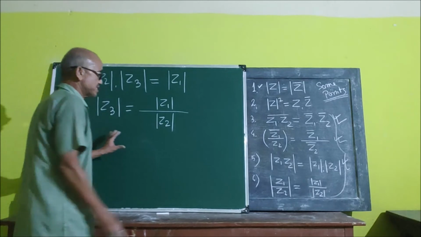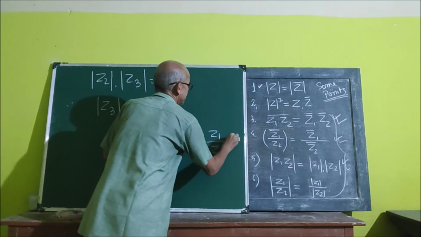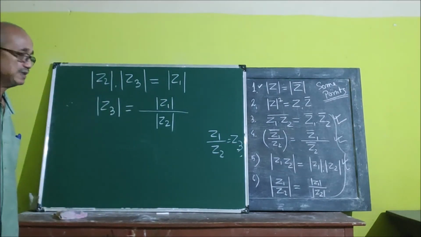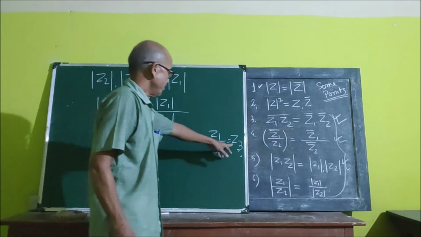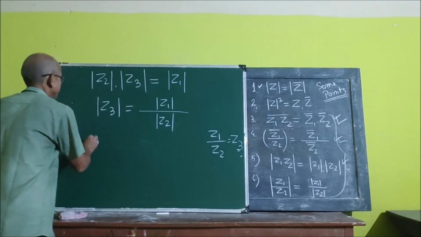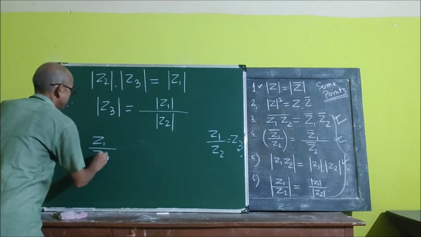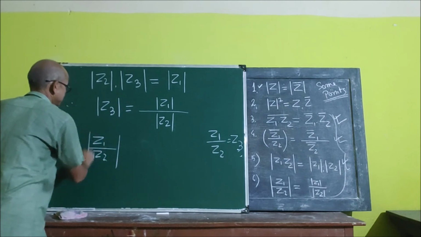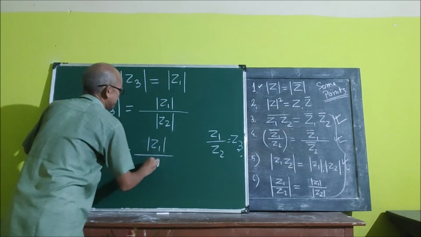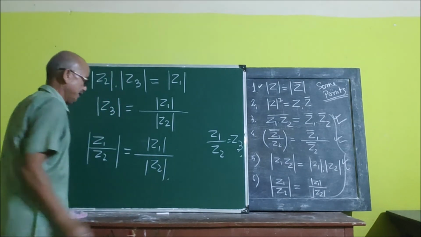But we considered Z1 by Z2 equal to Z3, so for Z3 we put Z1 by Z2, and the whole modulus equals modulus of Z1 divided by modulus of Z2. Hence proved.